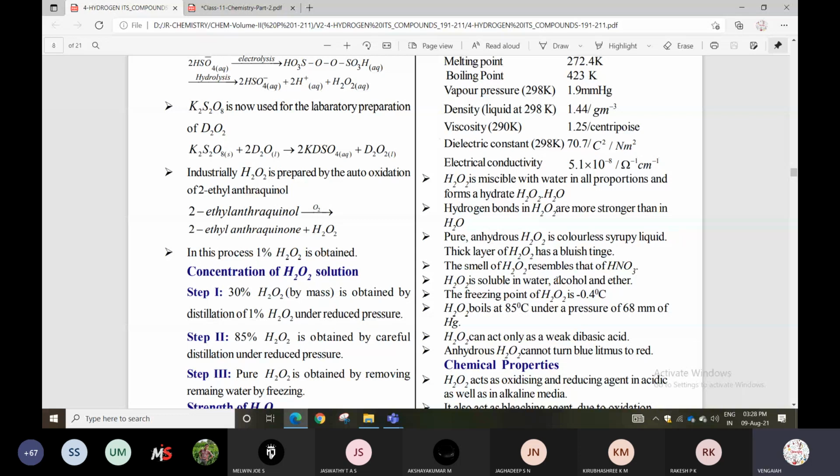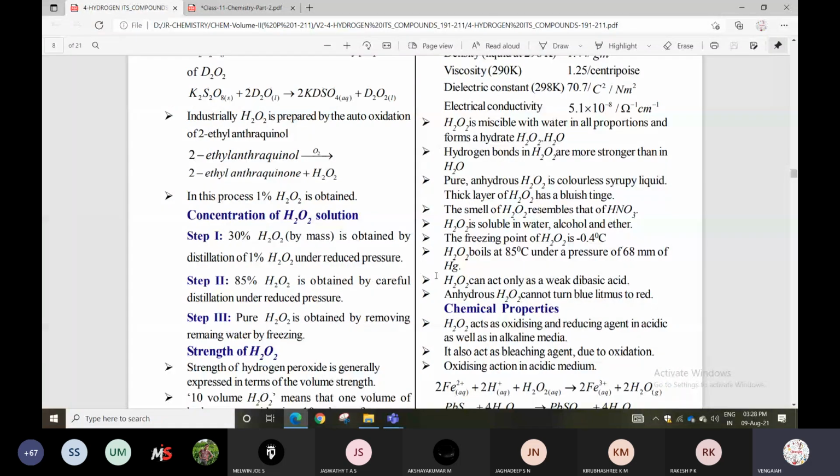There is blue litmus and red litmus paper for finding acid and base. They're using litmus paper, sir. We studied in 10th class also. How can we identify the type of litmus paper? The indicators lesson is there: phenolphthalein indicator, methyl orange indicator, litmus paper also. Blue turns to red, red turns to blue. Same thing here: it cannot turn blue litmus to red.